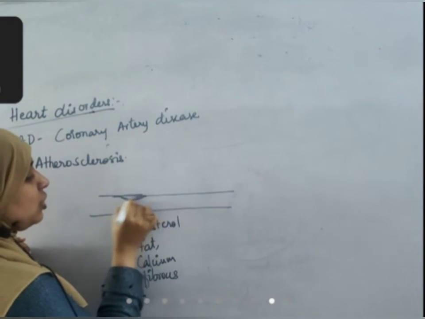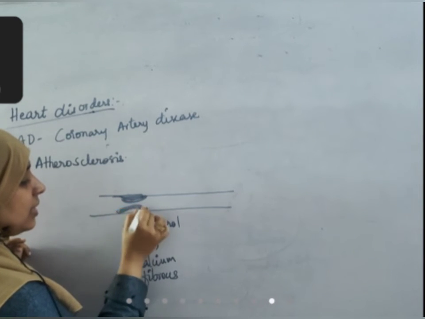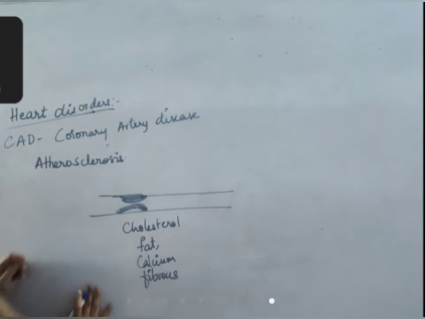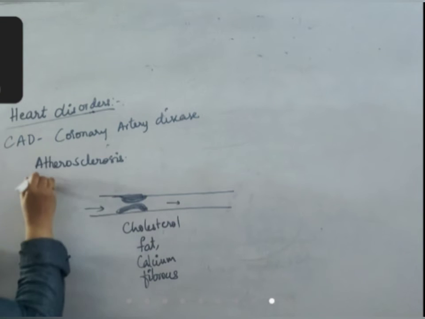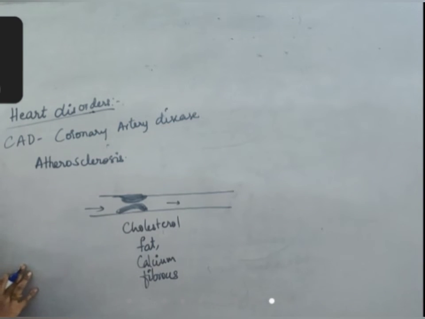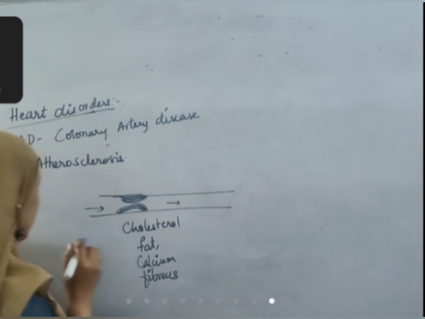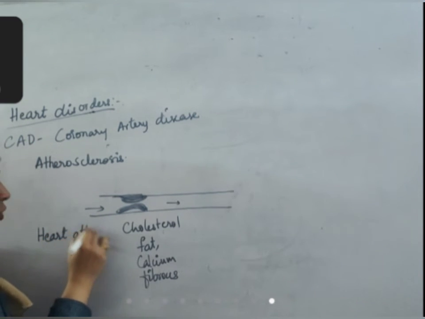Sometimes that fibrous tissue also grows more. As a result, this is completely blocked, okay, and blood will not be able to flow, and this blockage is called coronary artery disease and atherosclerosis. If it is worse, it can lead to heart attack also.